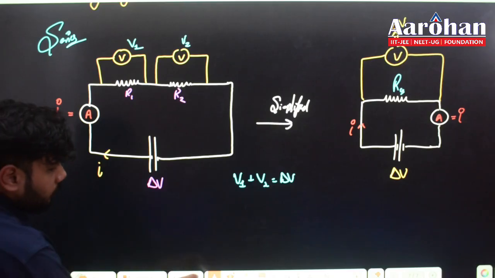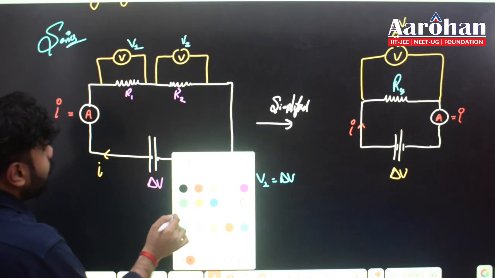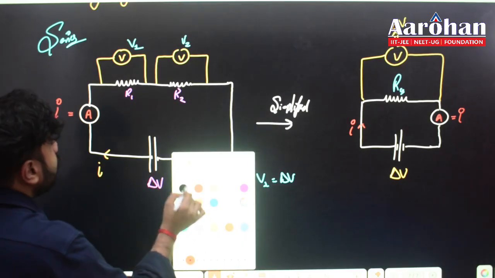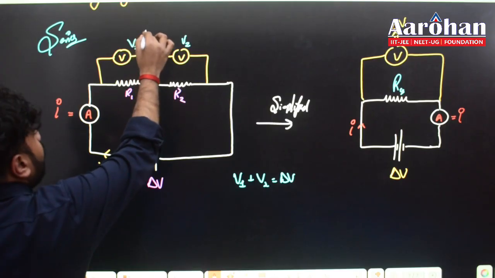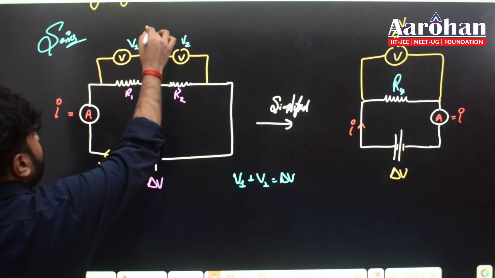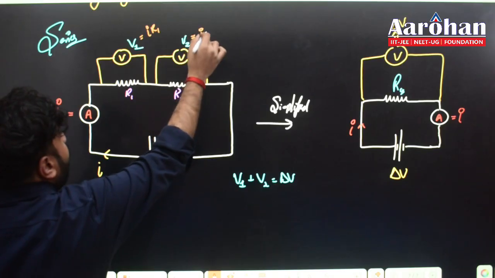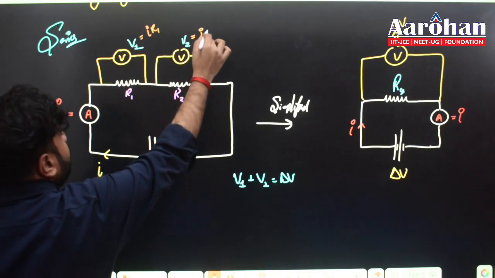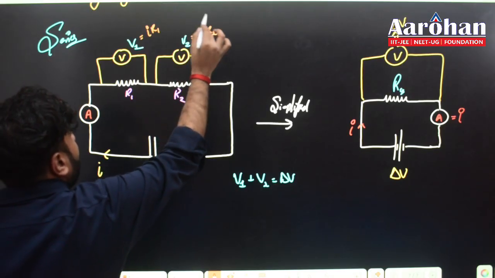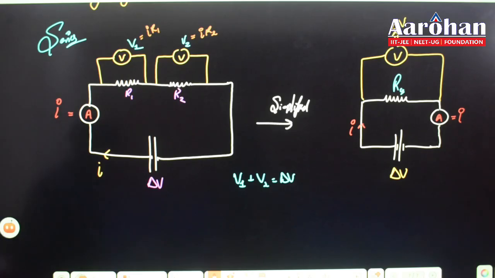And you should know that the potential difference across a resistor can be written as the current passing through that resistor times its resistance.